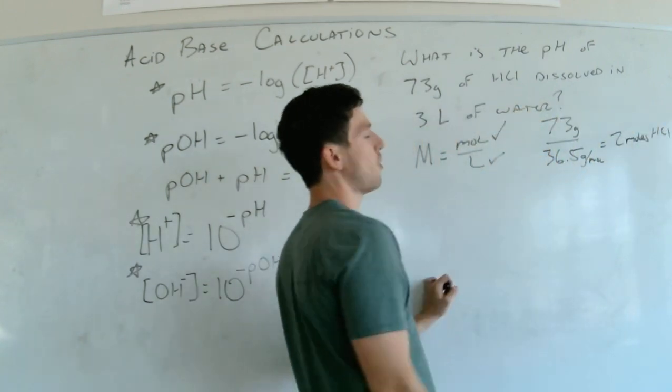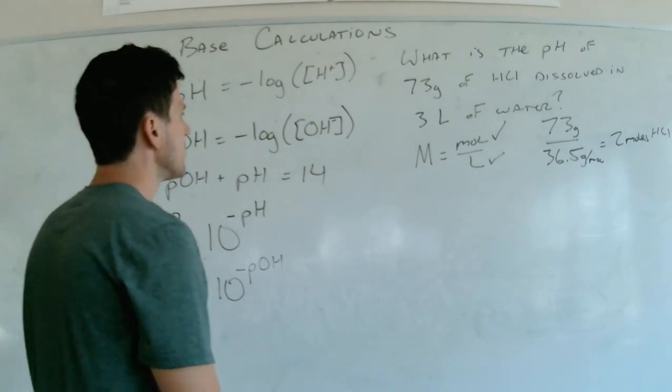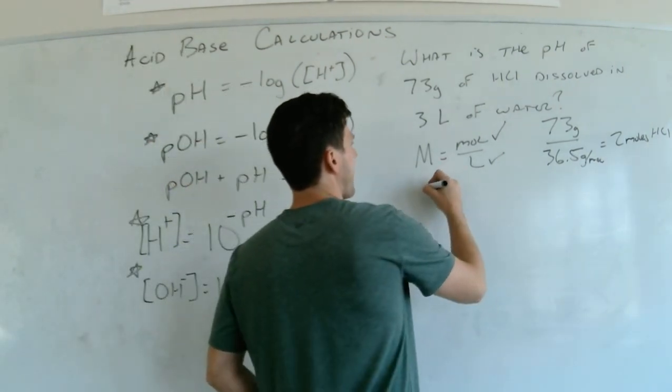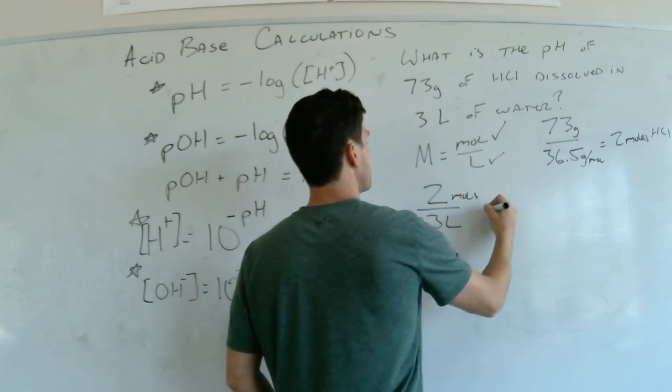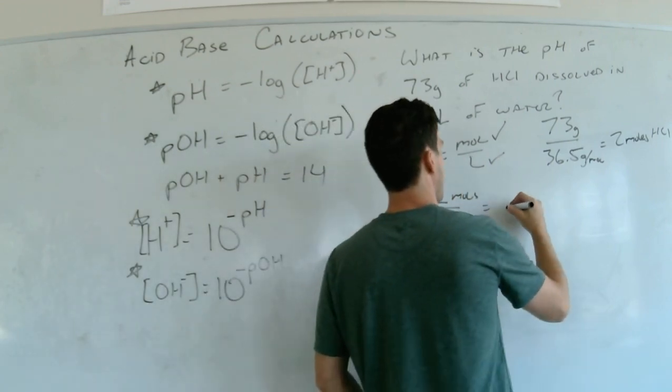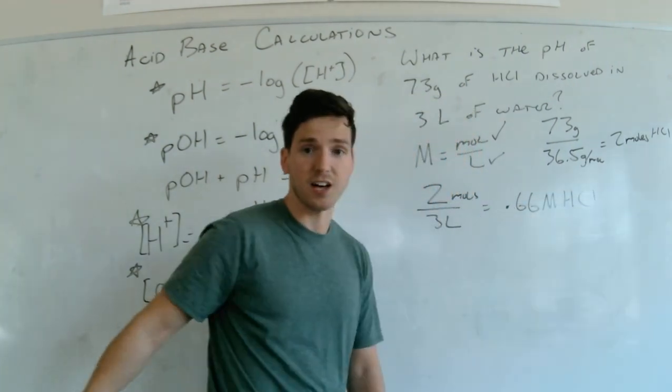So now I have moles, and now I have liters. So now what I'm going to do to get that concentration of acid is take 2 moles divided by 3 liters, and I'm going to get a concentration of 0.66 molar HCl.